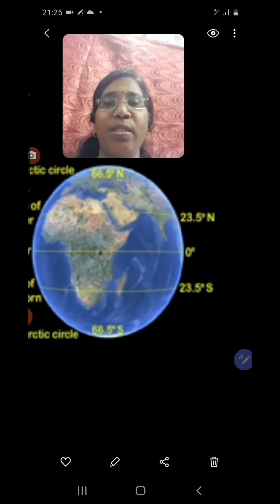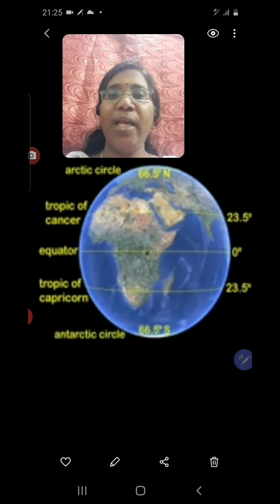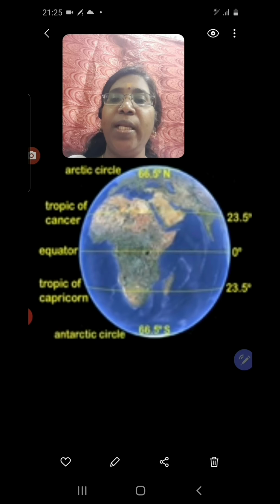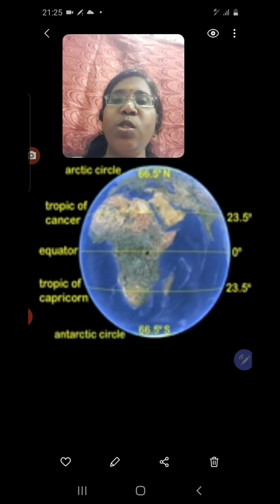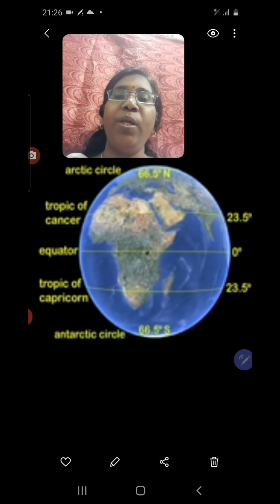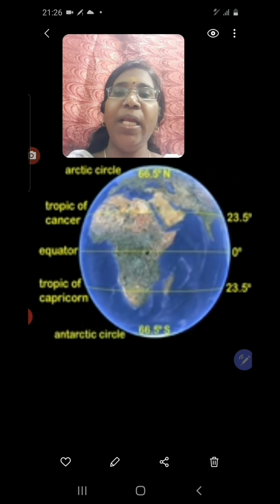Now, there are some important latitudes. They are the Tropic of Cancer at 23.5 degrees north and the Tropic of Capricorn at 23.5 degrees south. That means the Tropic of Cancer is located in the northern hemisphere and the Tropic of Capricorn is located in the southern hemisphere. That is why these are represented by north and south.